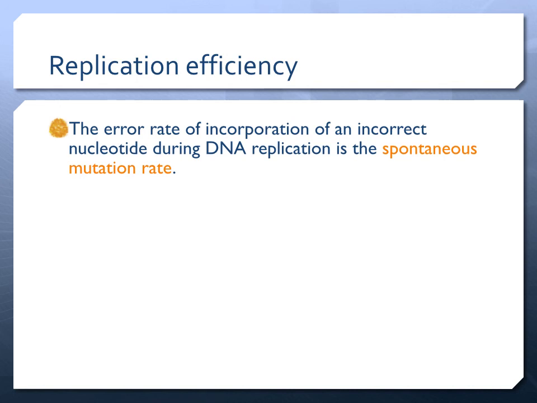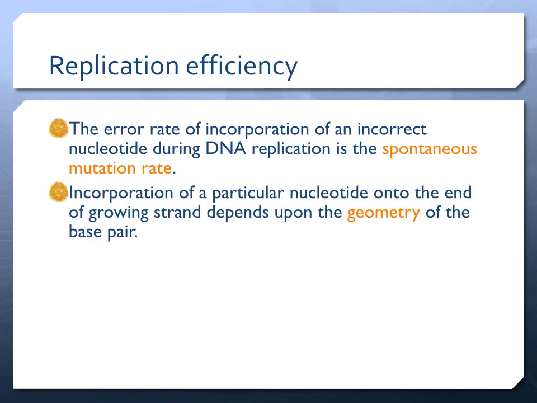Now you remember that the incorporation of a particular nucleotide, so the choice of an A versus a T in the growing strand, always depends on the geometry of the base pair. So a T will pair with an A because of its geometry. Now, because of the geometry as well, a DNA polymerase will be able to double check or to proofread and see if the geometry is wrong or if it is twisted compared to the normal angle that it should have.